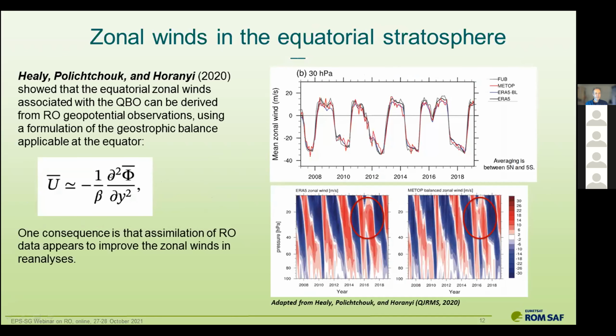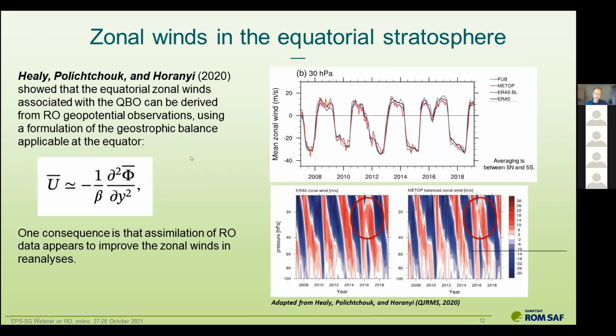Then we have an interesting piece of work which perhaps was mentioned by Sean, I don't know. Our colleagues at ECMWF, Sean Healy et al., took our geopotential fields from RO data, and were able to show that we can derive the mean zonal winds at the equator from these geopotential fields.